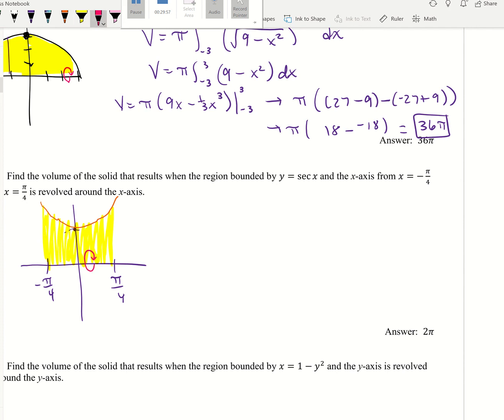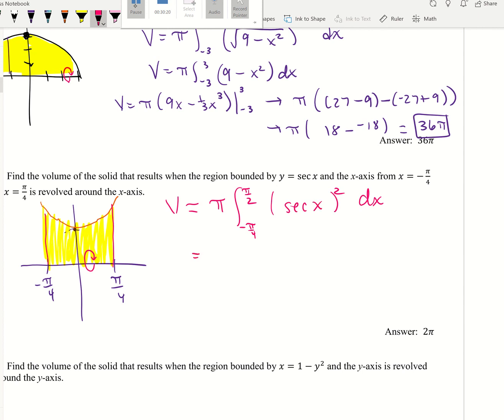Well, this one is going to be a disk because our shaded region goes all the way to the x-axis. And so I'm going to do the volume as pi times the integral of the radius squared dx. We're going from negative pi over 4 to pi over 4. The radius would be secant of x, but we want that squared.